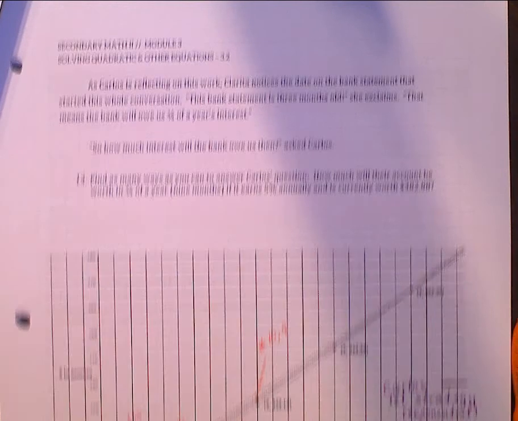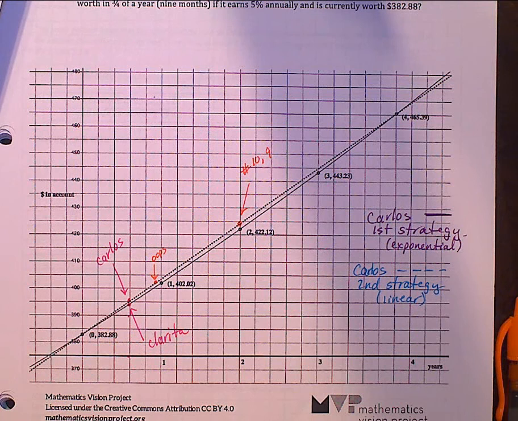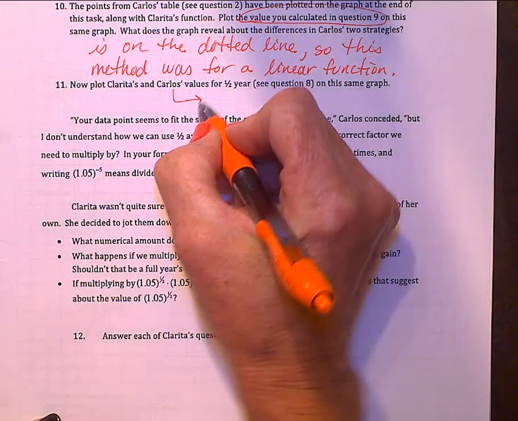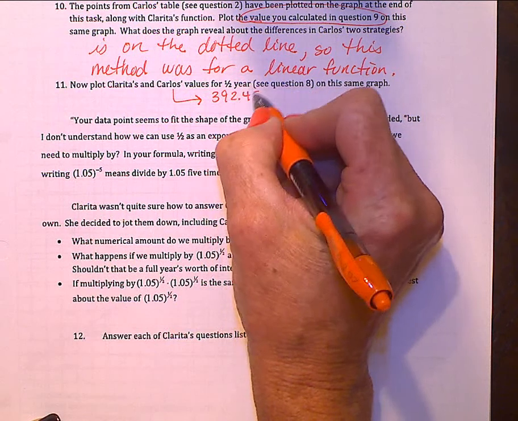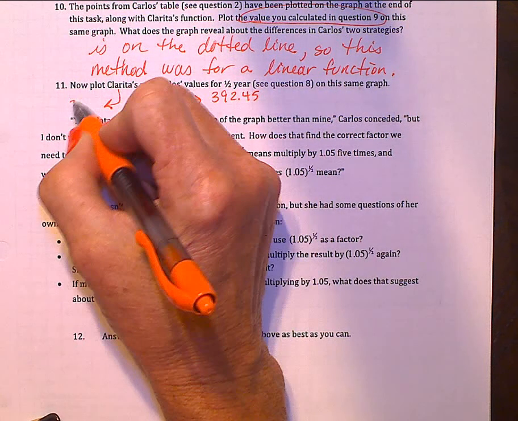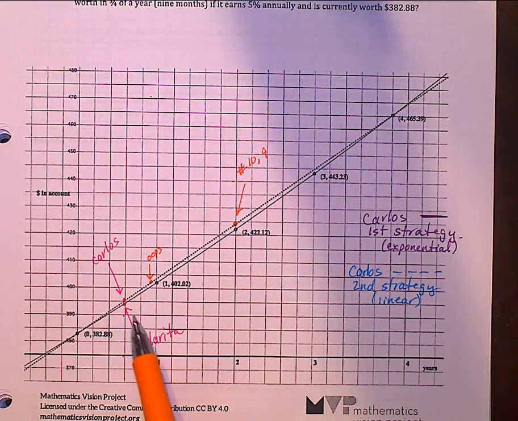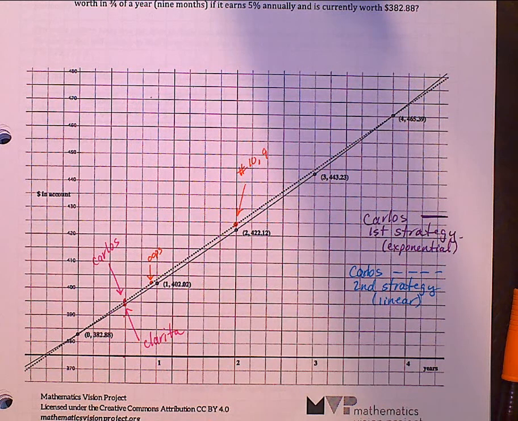Sorry, couldn't see it. And I'm just going to jot these down in here so you have them. So Carlos was 392.45 and Clarita was 392.33. I put those on here for us, and we see that we're close, but not the same thing.